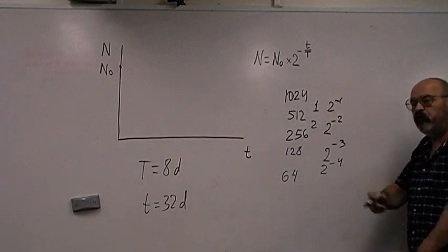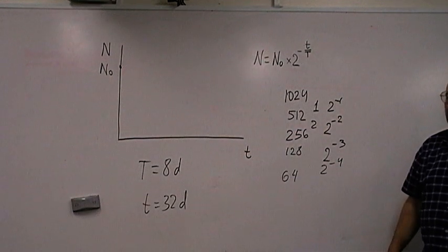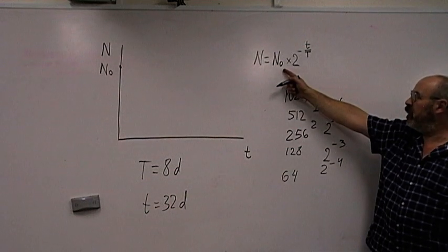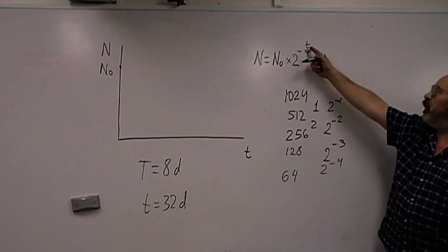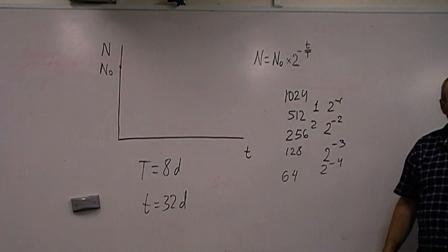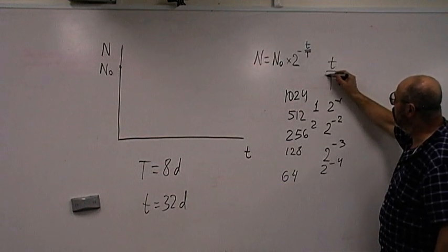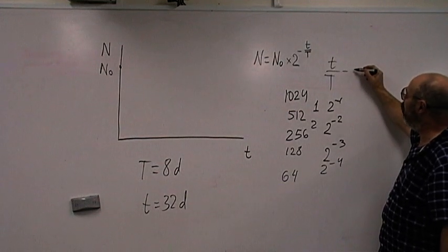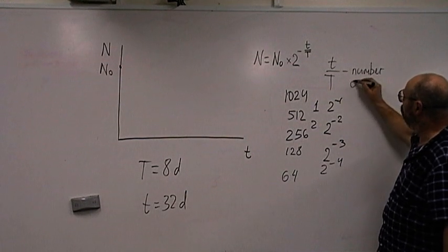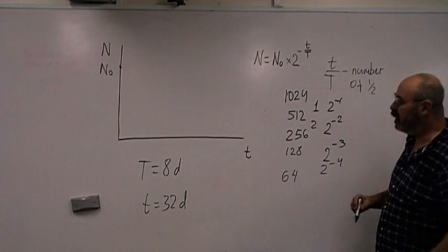So this will be the formula describing the number of undecayed nuclei. N0, how many we have at the beginning, times 2 to the power negative t over T, where t over T is the number of half-lives.